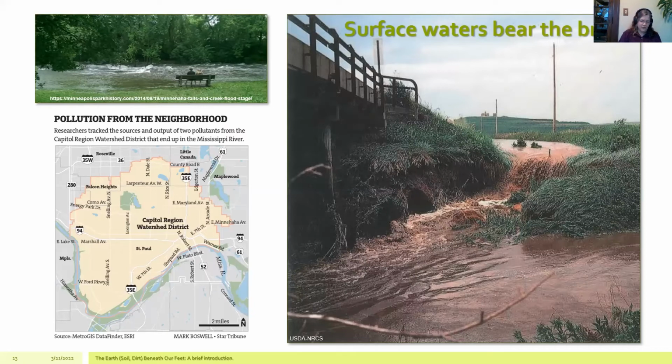And what they found is that the urban stormwater contained significantly more ammonium, total suspended solids, and total phosphorus.